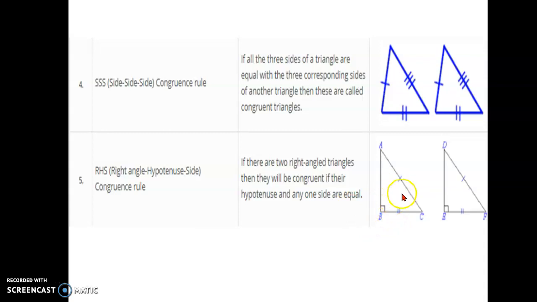Then the hypotenuse: the side opposite to the right angle is called the hypotenuse. These two triangles have the same hypotenuse, and another one side. It can be any side, this or this. So any one side is equal. Then we can say these two right triangles are congruent.